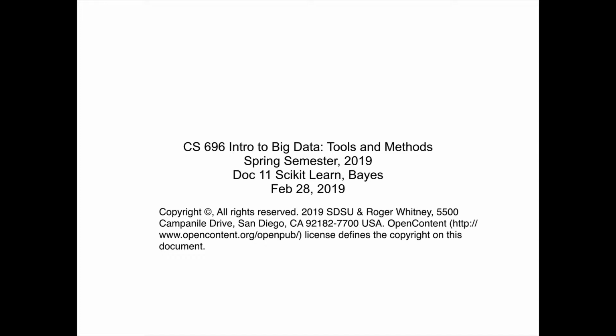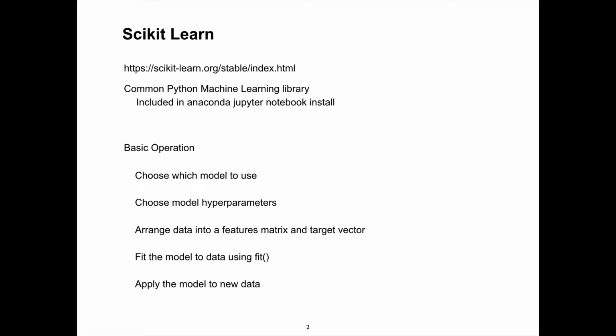So I'm looking at a little bit of Scikit Learn, and then a little bit on Bayes, and using Bayes results. Scikit Learn is a pretty popular machine learning library in Python.